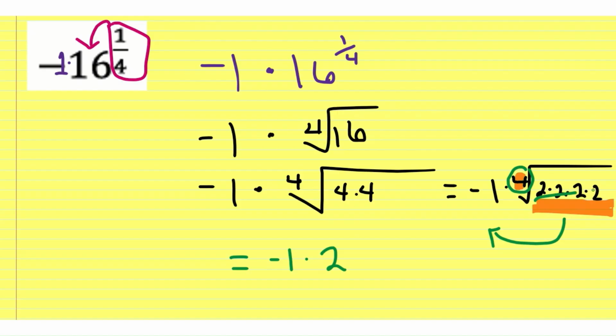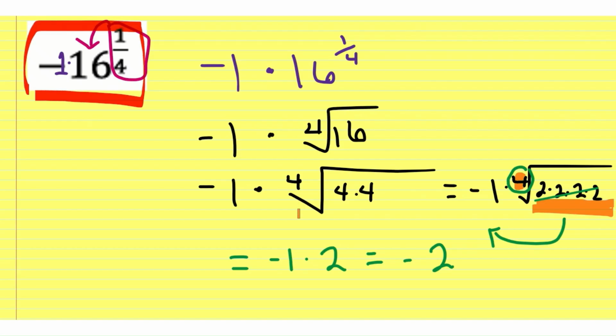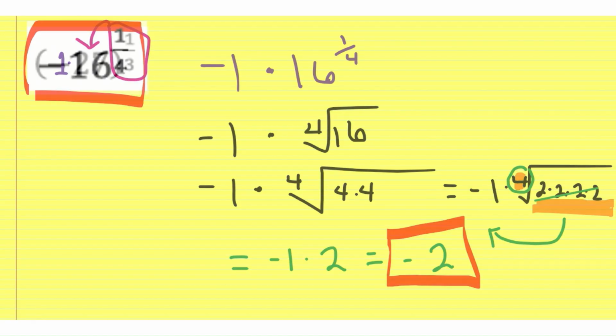Since I used up all of my factors, the radical disappears. And I can now do -1 times 2, which is -2. So -16 to the 1/4 power, without parentheses, is equal to -2.